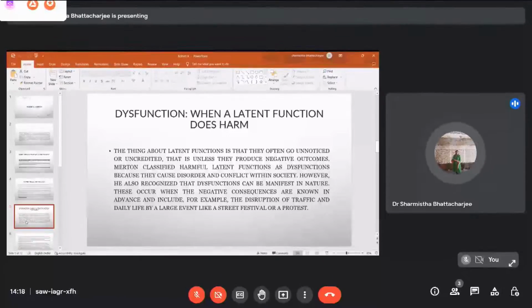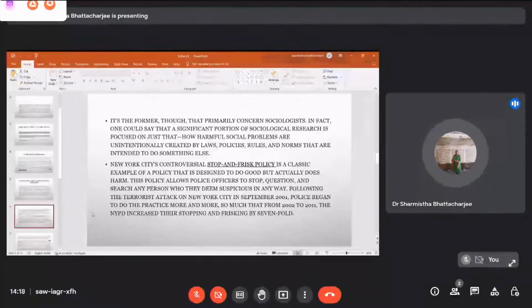It is a form of thought that primarily concerns sociologists. In fact, one could say that a significant proportion of sociological research is focused on just how harmful social problems are unintentionally created by laws, policies, rules and norms that are intended to do something else.